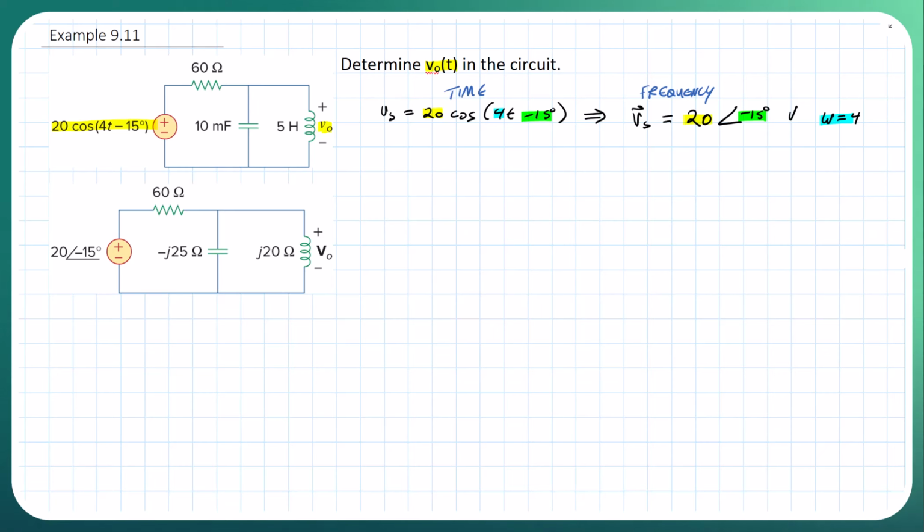The other thing we know is that we have a resistor, we have a capacitor. The resistor is going to stay the same, so it's just going to be 60 ohms. However, the capacitor, 10 millifarads, is going to be converted using the equation we've discussed before. If we're going to the frequency domain, it's just going to be 1 over j omega C. So we can plug that in here: 1 over j, omega is 4, and C is 0.010.